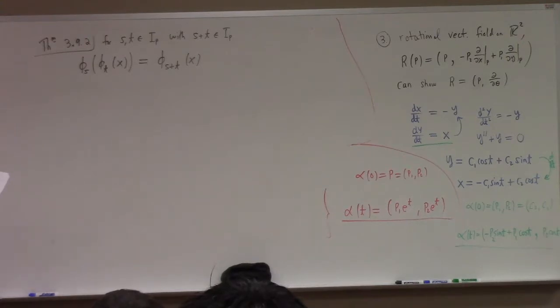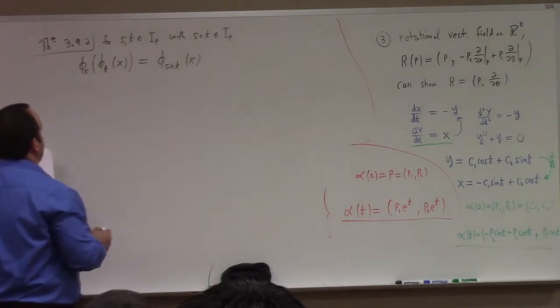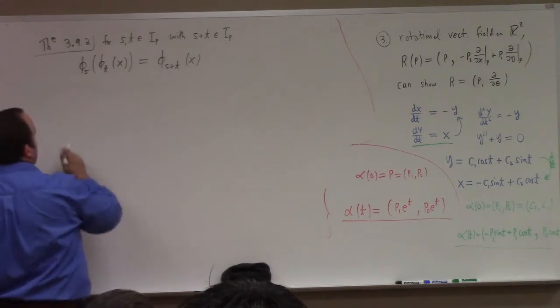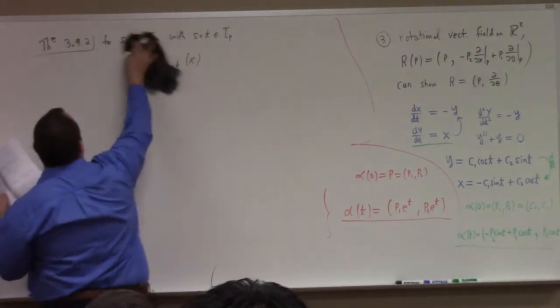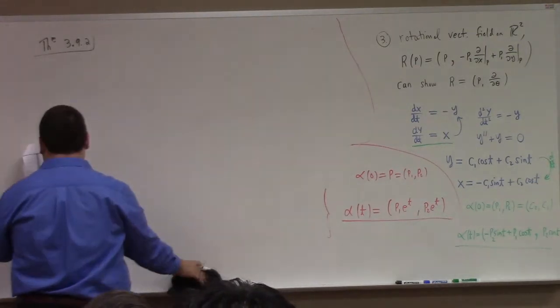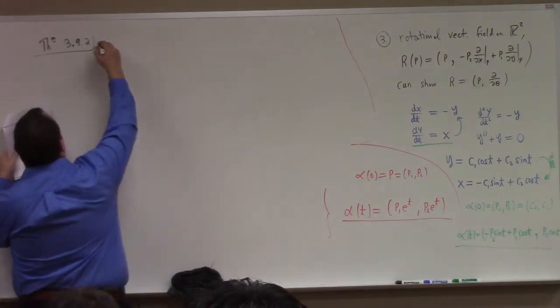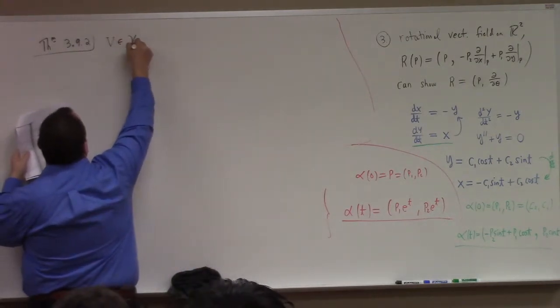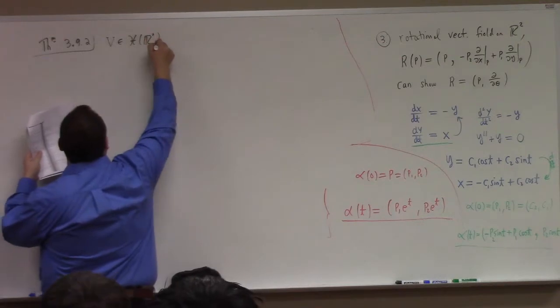I realize I can't cannibalize the thing. So here it is. We have V, a smooth vector field on R^n.